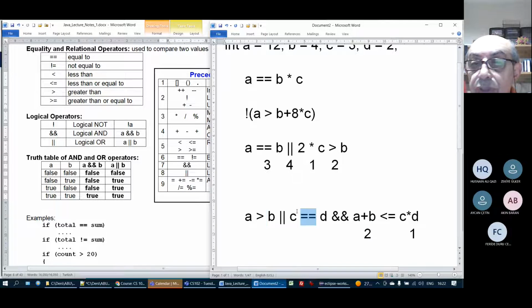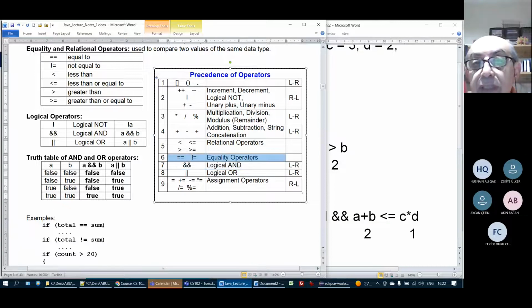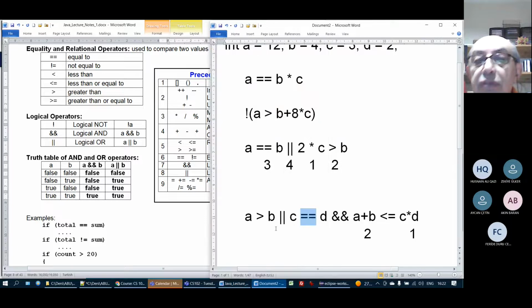As we have seen from this table, equality has less priority compared to relational operators. So this will be done at the third step. This will be done at the fourth step. And then this will be done at the fifth step.